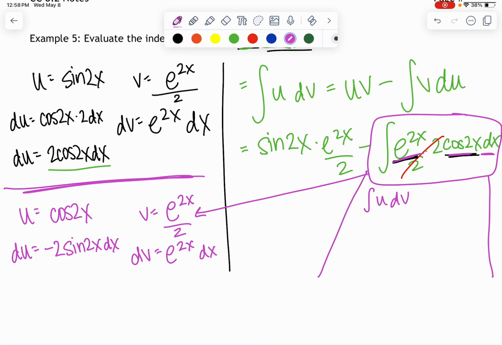That was my subbing. My integration by parts is writing down the formula, so it equals uv minus the integral of v du, and now I'll unsubstitute. u is cosine of 2x, v is e to the 2x over 2, minus the integral of v, e to the 2x over 2, times du, negative 2 sine of 2x dx.